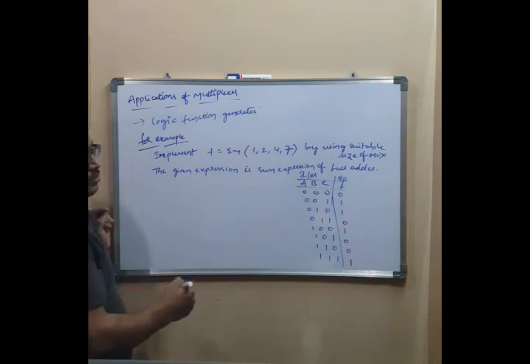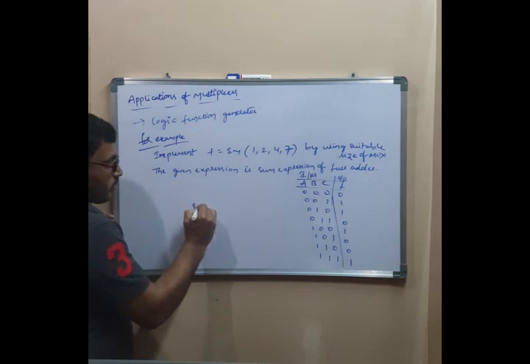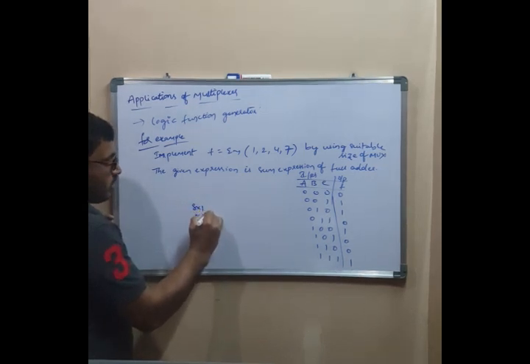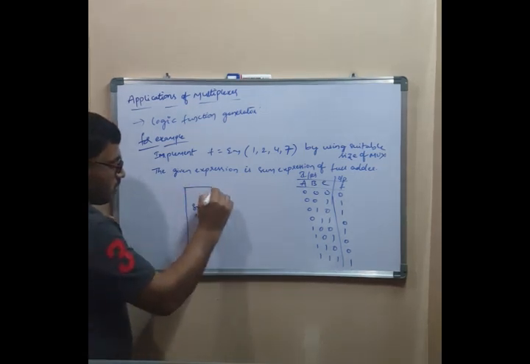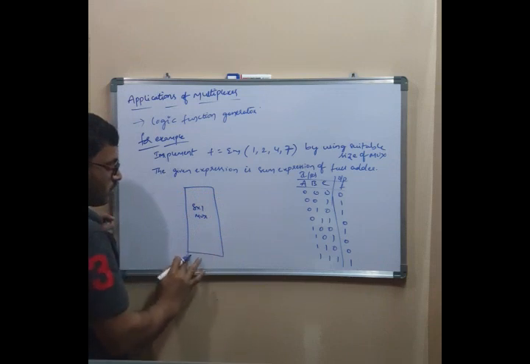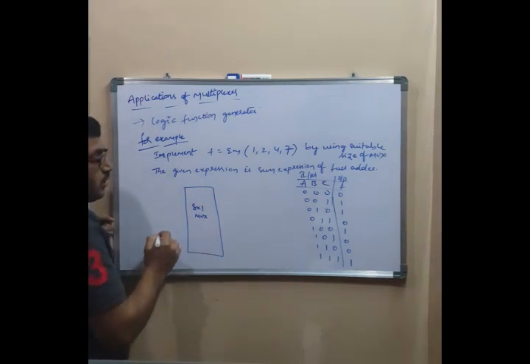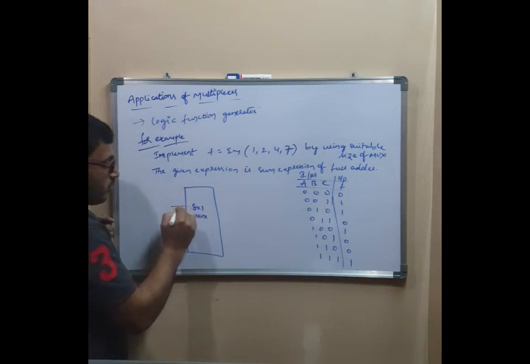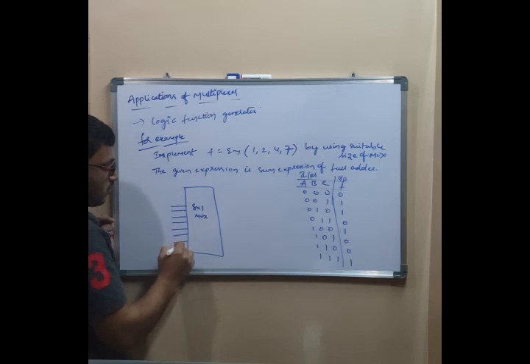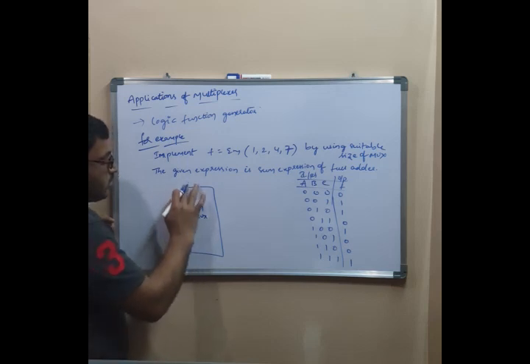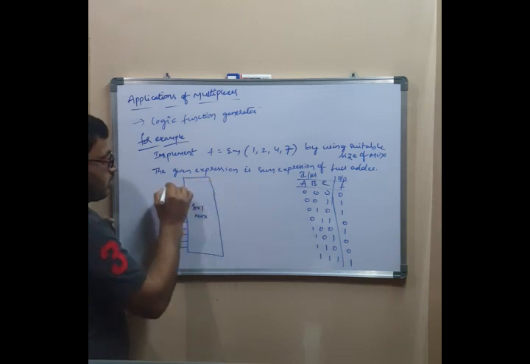So I am selecting the suitable size as 8 into 1 mux, right? 8 into 1 mux has how many data inputs? 8 data inputs, and it has 3 select inputs, S2, S1, S0.